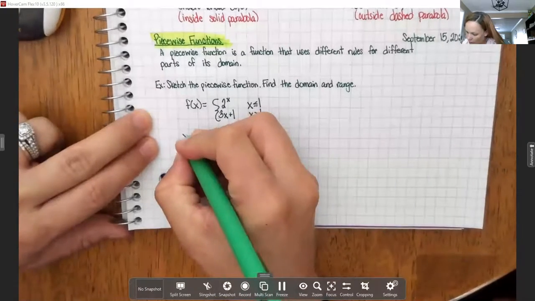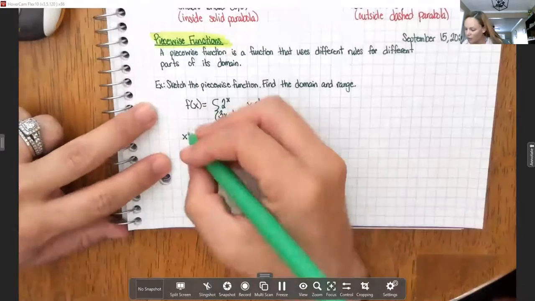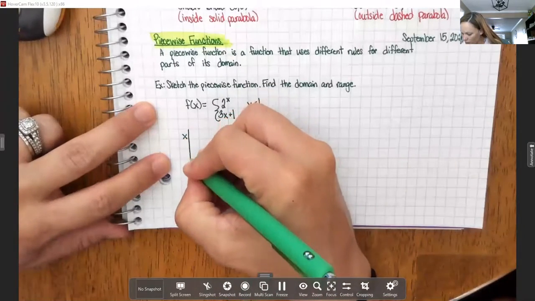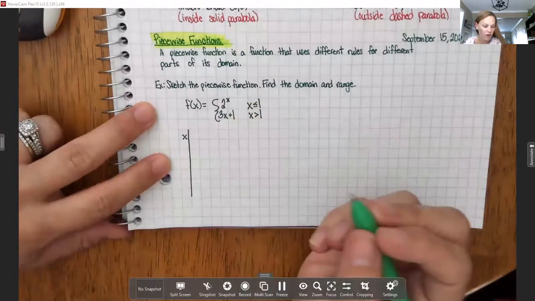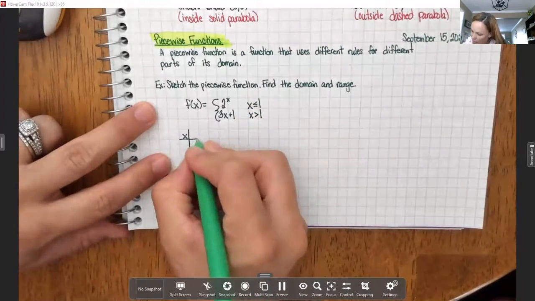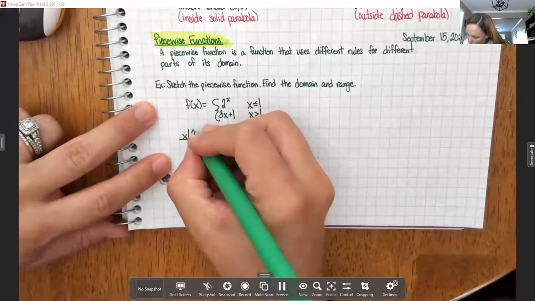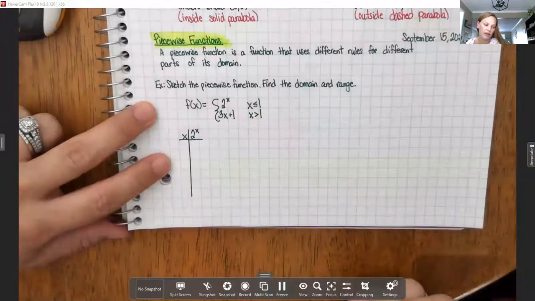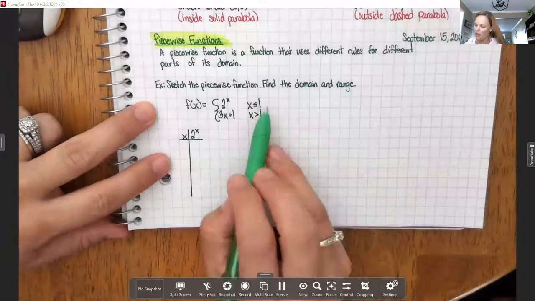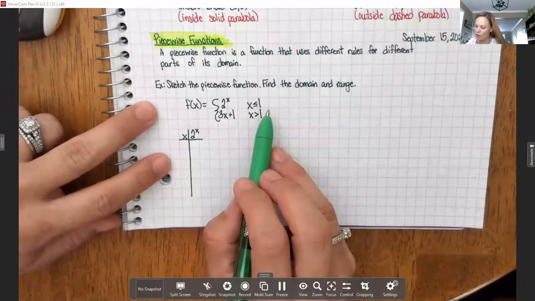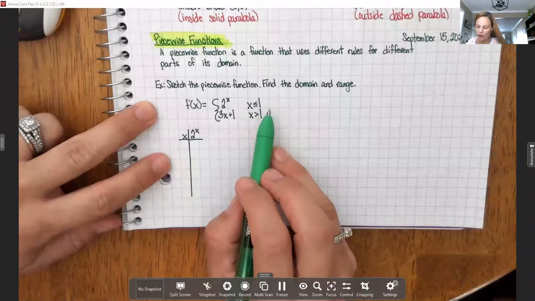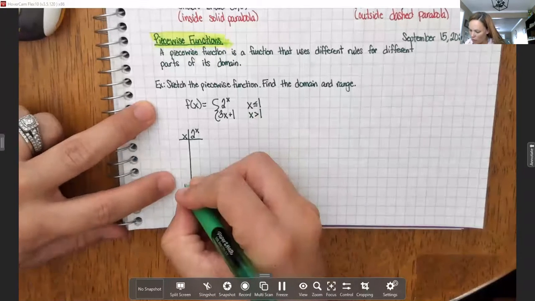So again, the way we're going to do this is, since there's 2 pieces, we're going to set up 2 tables. Our first one is x, and then we're going to evaluate 2 to the x. And this is when x is less than or equal to 1, so we want our table to stop at 1.